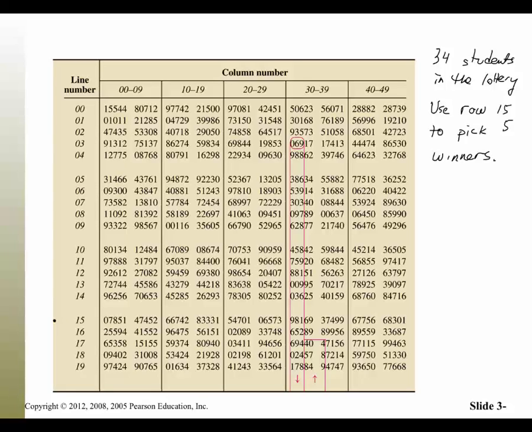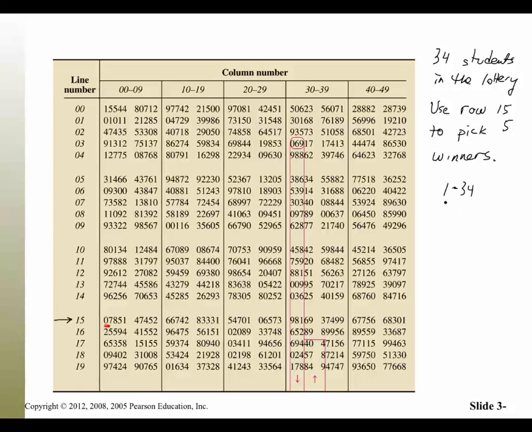I said this row right here. So who's the first winner? Lucky 7, right? If it's going to be 1 to 34, you have to always pick pairs.